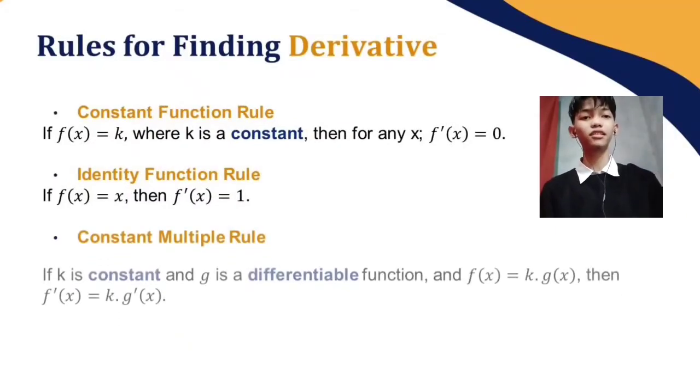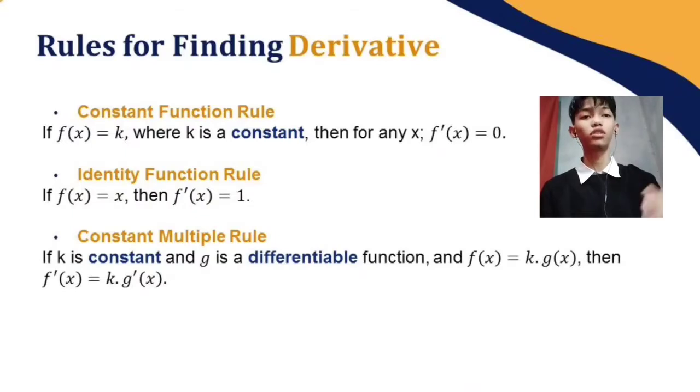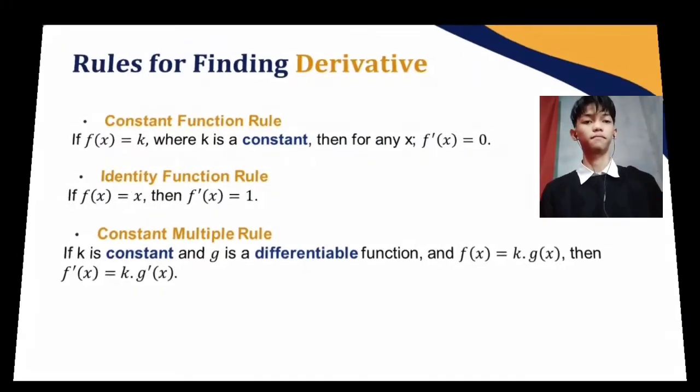Then the next rule is called constant multiple rule, that says if k is a constant and g is a differentiable function and f(x) is equal to k times g(x), then f prime of x is going to be k times g prime of x.